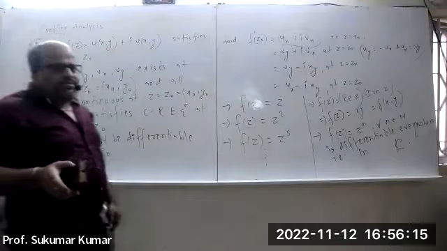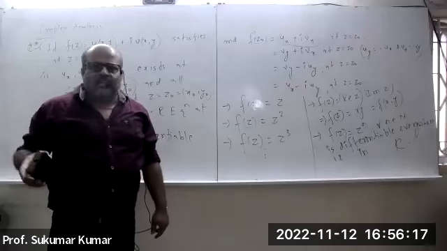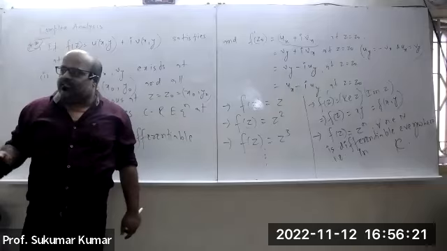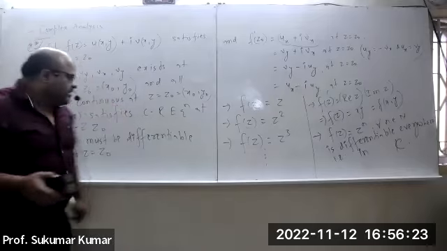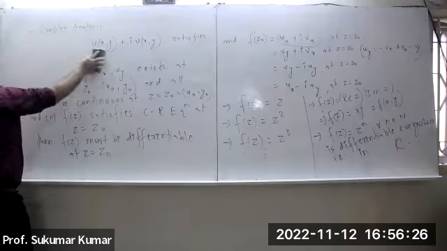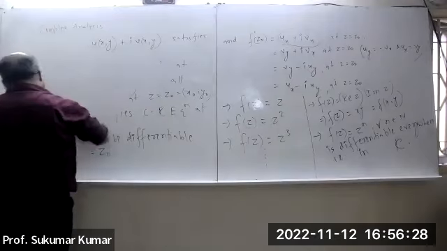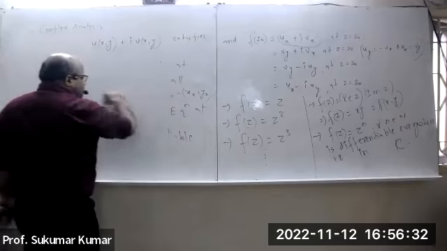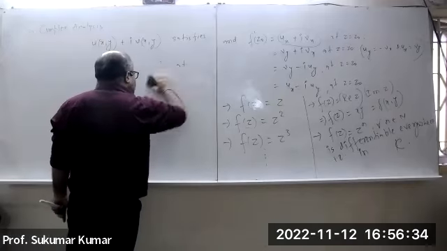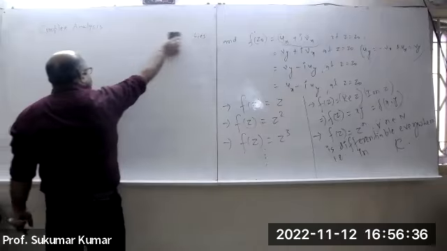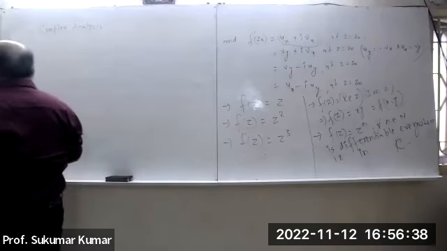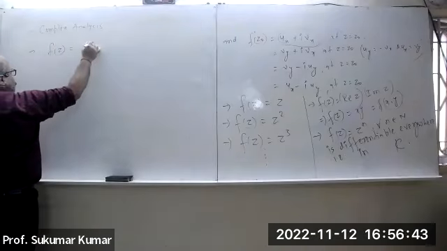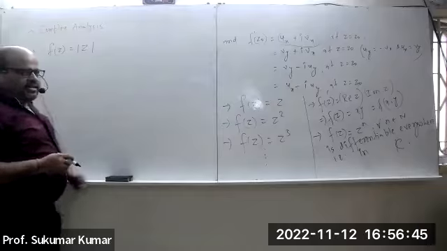Just now, a short time before, we saw that fz is equal to modulus of z, and fz is equal to modulus z squared. So are those analytic at 0 or not? Fz is equal to mod z, is it analytic at 0?